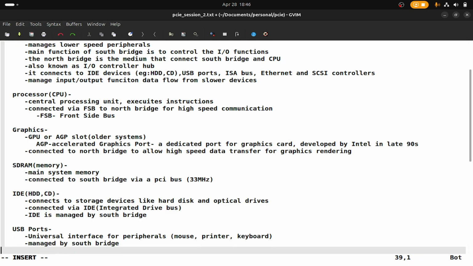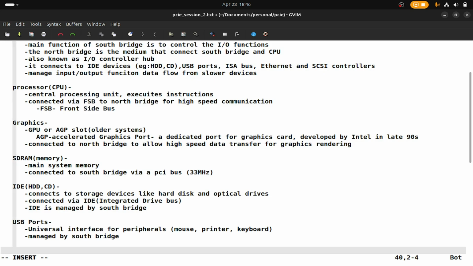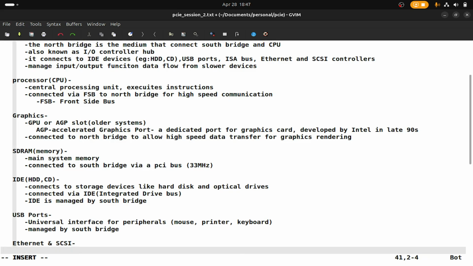After USB ports, let's come to the Ethernet and SCSI. So we all know what is Ethernet, but first SCSI, what is that?